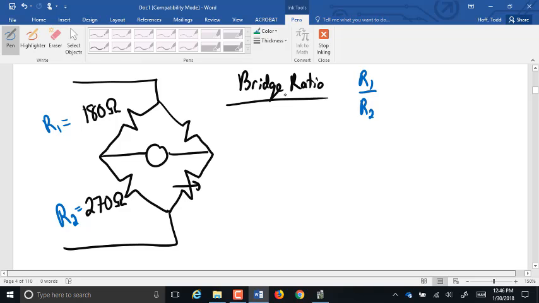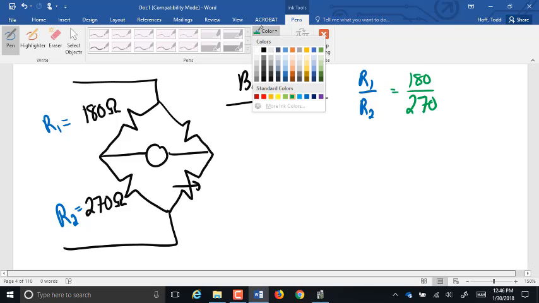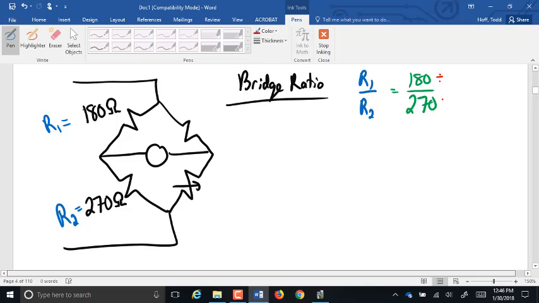Might have given it away a little bit there. What goes on top? 180. Of course, the ohms are going to divide out. On bottom will be the 270. Both of those reduce to 2/3. They both divide by 90. So it's a 2 to 3 ratio. All look familiar?